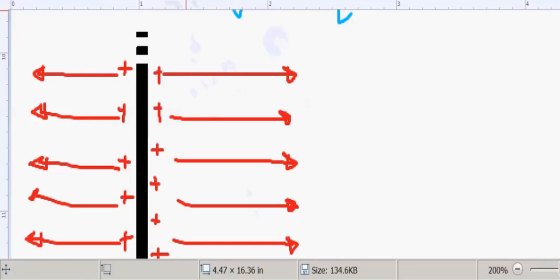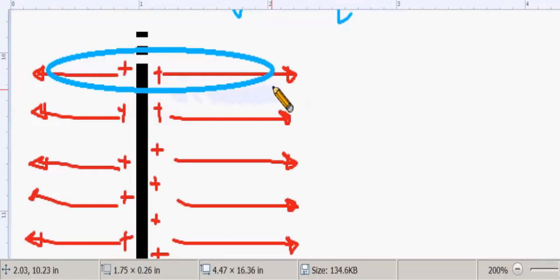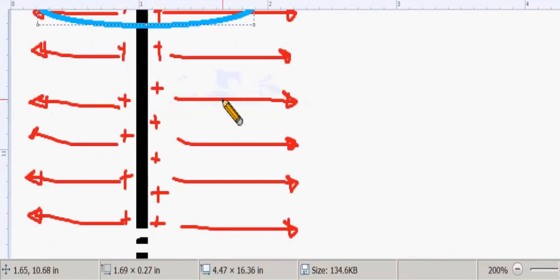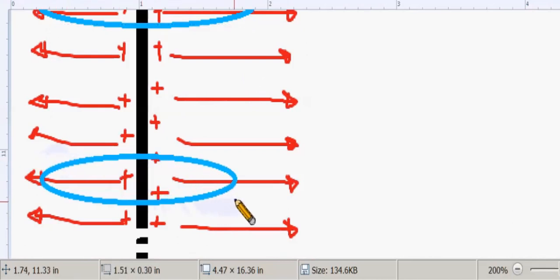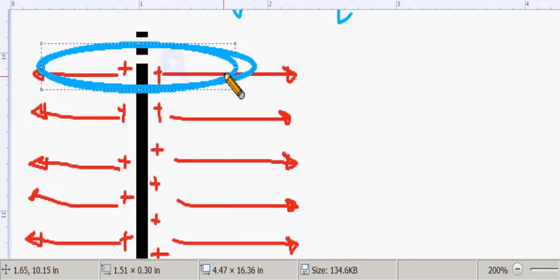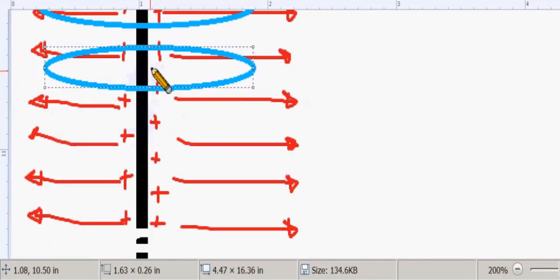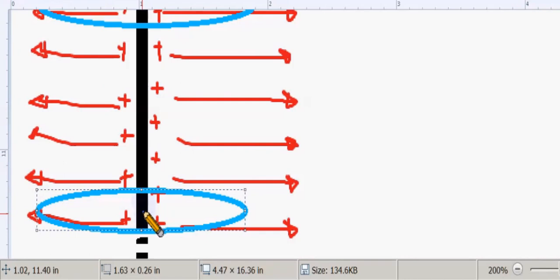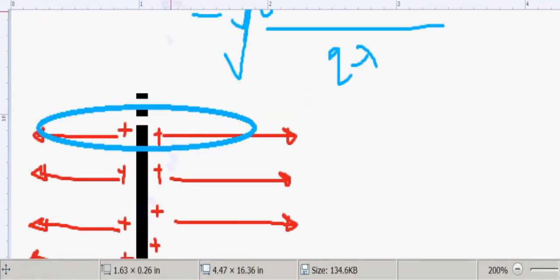So we now have to draw a Gaussian surface around this conductor, around this wire. So I draw a cylindrical Gaussian surface because we should be able to calculate the surface area. Therefore we should use some shape of surface whose surface area we can find out.